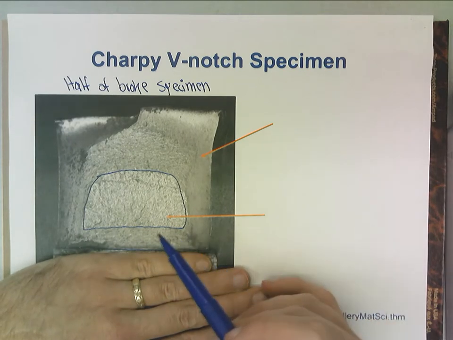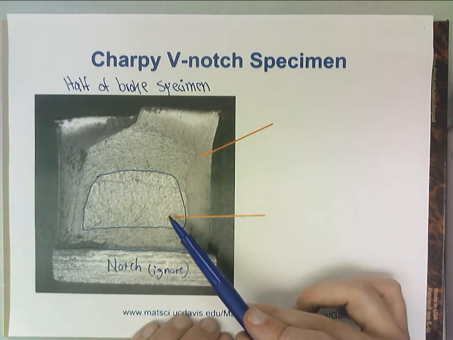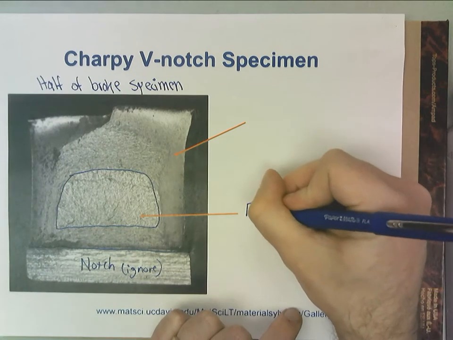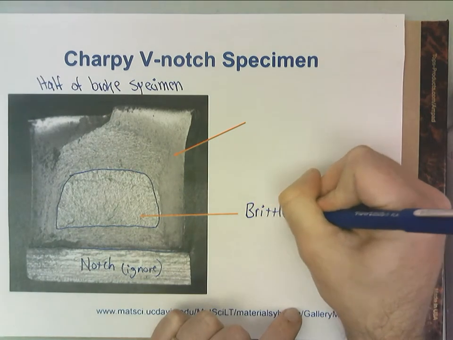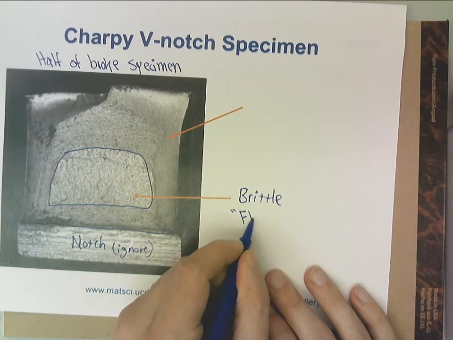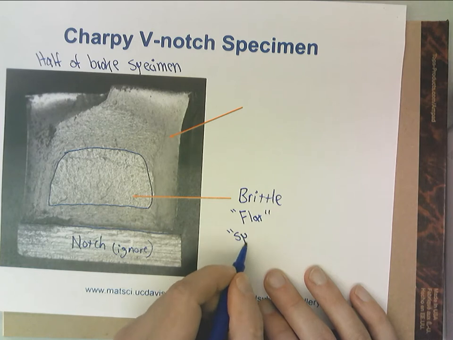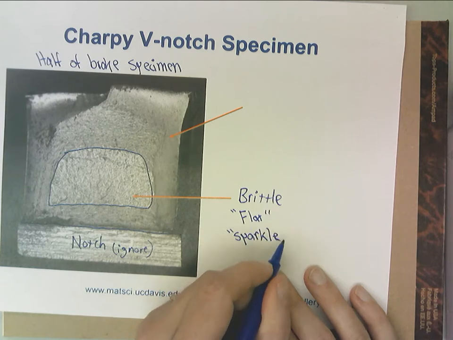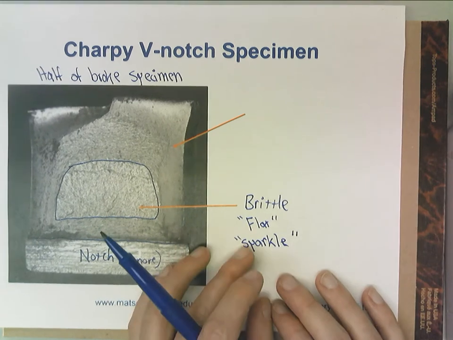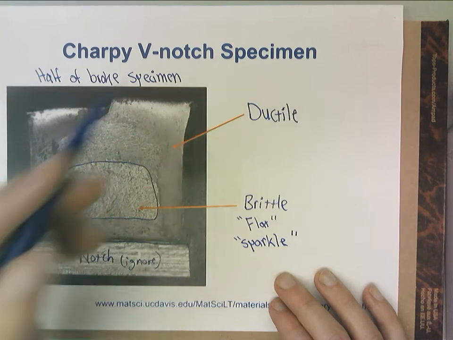We're looking at this region, this innermost region, which is going to be brittle. It tends to be flat, and it tends to sparkle. I'm going to show you one of these using the document camera in a minute. The other area is ductile.